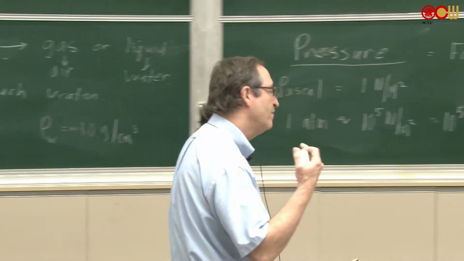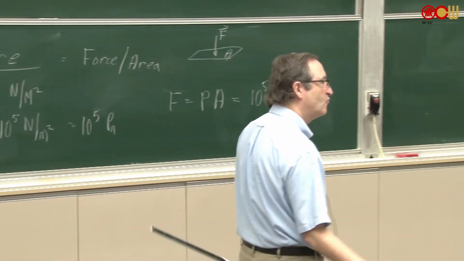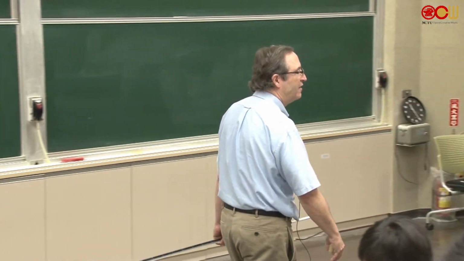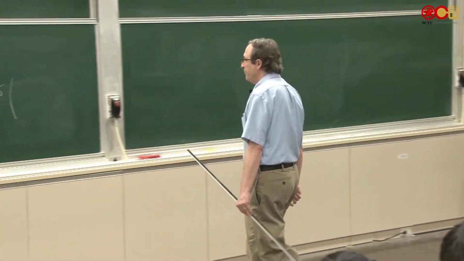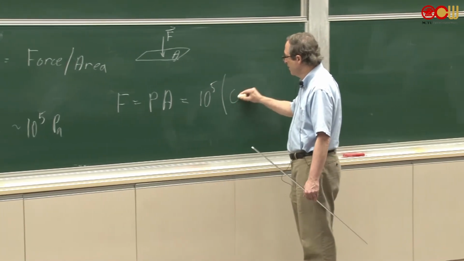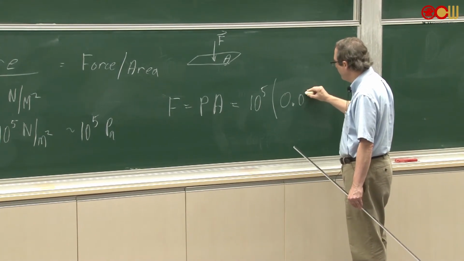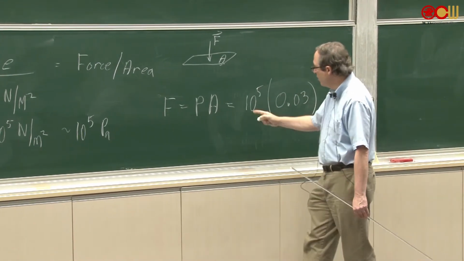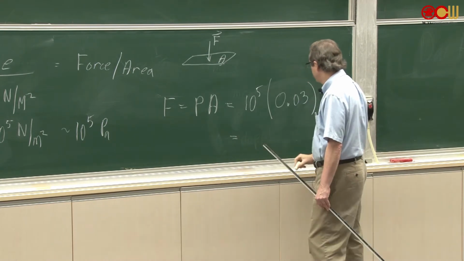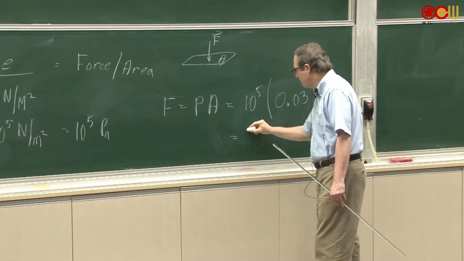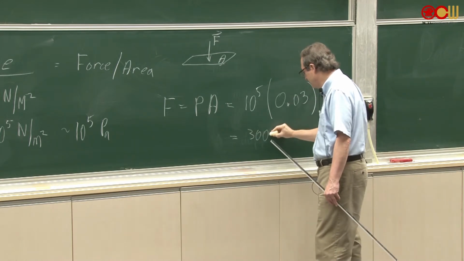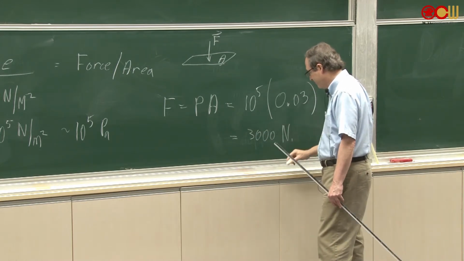So to get from square centimeters to square meters, we have to divide by 10,000, right? 100 times 100. So what's 300 divided by 10,000? Right, it's 0.03. So I multiply that. 10 to the 5th times 0.03 gives me 3, with 10 cubed. So that's like 3,000 newtons.